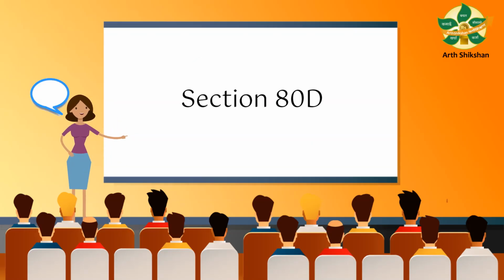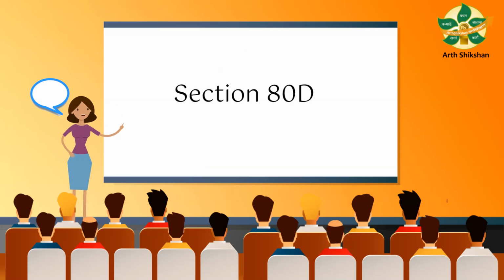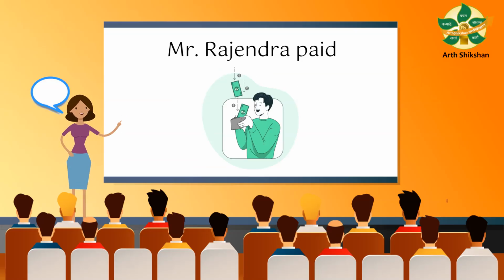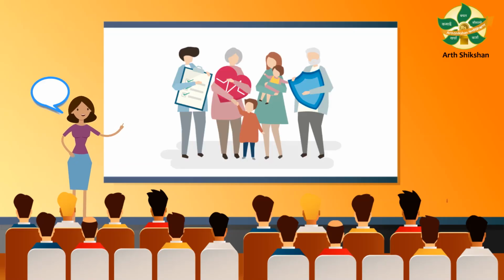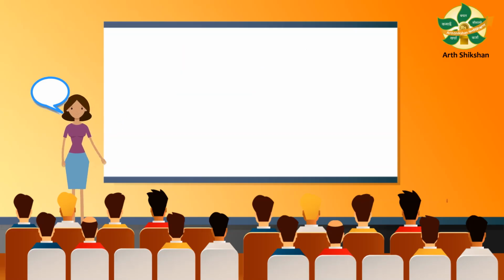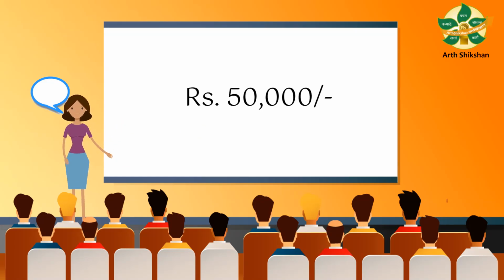Section 80D. Expenses incurred on maintaining a health insurance policy are eligible for claims under Section 80D. In Mr. Rajendra's case, he paid Rs 55,000 for medical insurance for his parents whose age is about 60. However, the maximum deduction allowed in this category is limited to Rs 50,000.